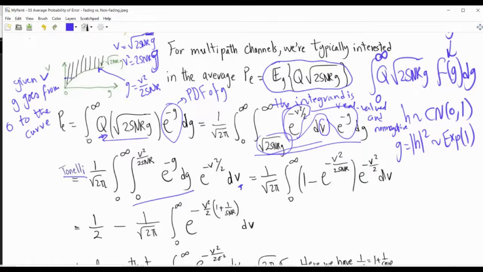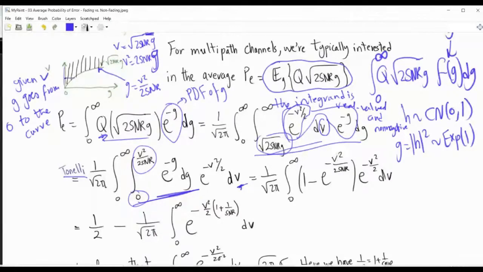Once you fix v, g will go from 0, the lower limit, until it hits the curve. This curve comes from the definition of the Q function. The boundary is v equal to the square root of 2 SNR g, equivalently g is v squared over 2 SNR. And so now in our integral, we first integrate with respect to g from 0 to v squared over 2 SNR, and then with respect to v from 0 to infinity.